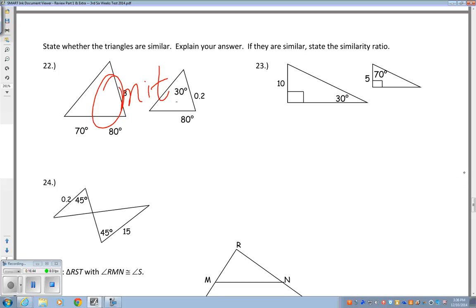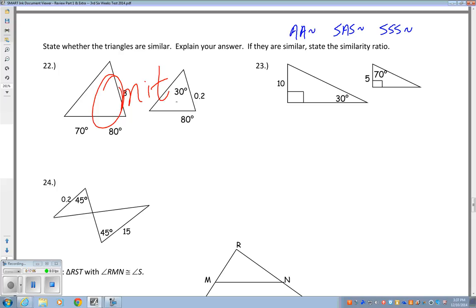All right, 23. First of all, what are the 3 ways to prove triangles are similar? Angle-angle, side-angle-side, and side-side-side. So with that being said, you need at least how many angles to prove it's similar? 2, and at least how many sides? At least 2.